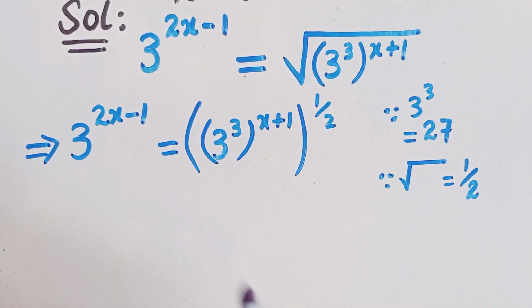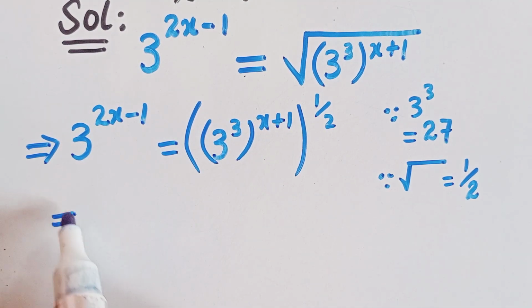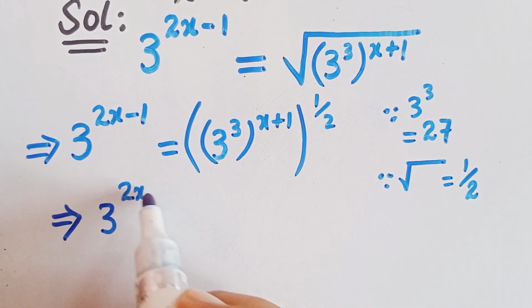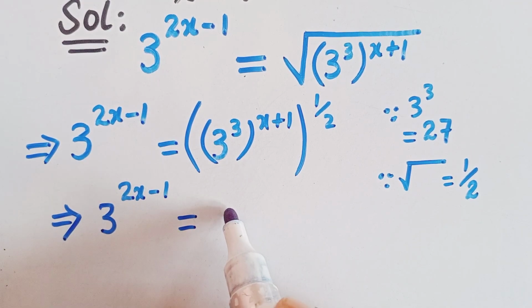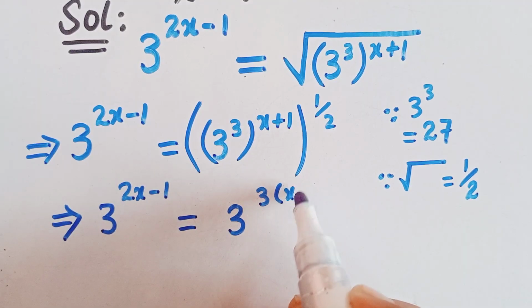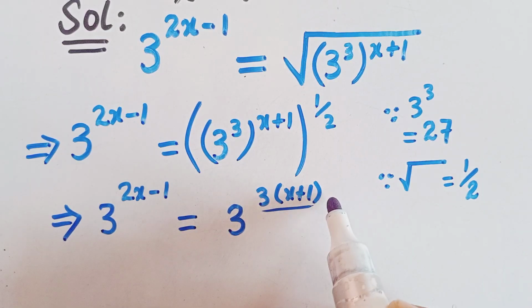Now further simplifying this, here we will use power laws of exponents, that is, power raised to the power will be multiplied with each other. So 3 raised to the power 2x minus 1 equals, here all the 3 powers will be multiplied, that is 3 multiplies x plus 1 multiplies 1 upon 2, equals 3 times x plus 1 divided by 2.